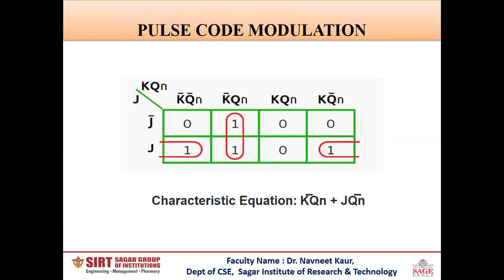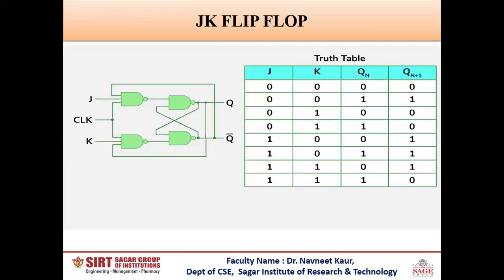Here we can see that when Qn is equal to 0 and Qn plus 1 is equal to 0, the first and third conditions meet the criteria. We can see that J is 0 in both cases, whereas K is 0 in the first case and 1 in the second case.